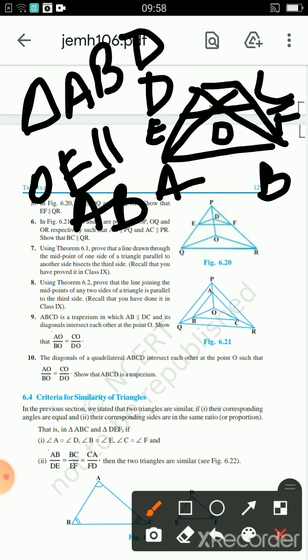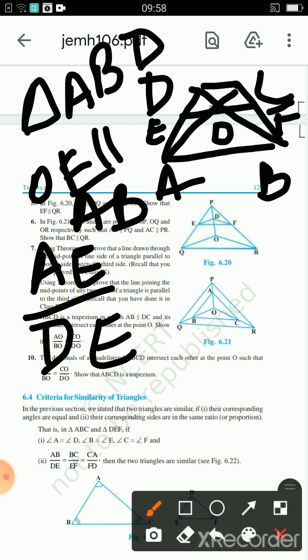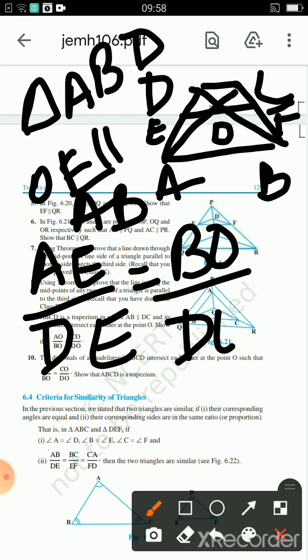So now again in triangle ABD, when OE is parallel to AB, by BPT theorem you can write AE upon DE is equal to BO upon DO.